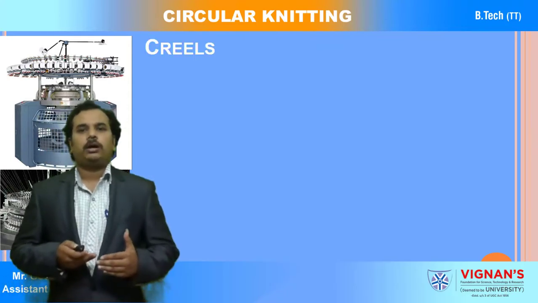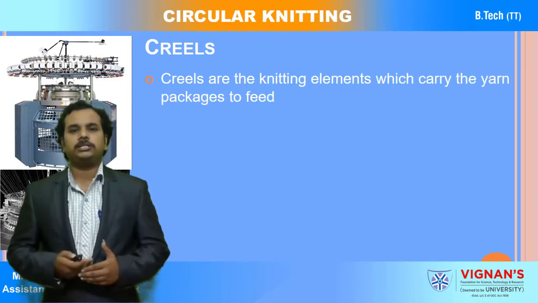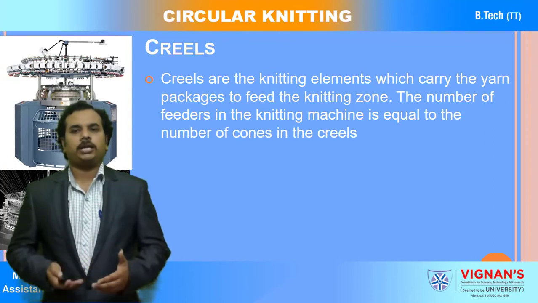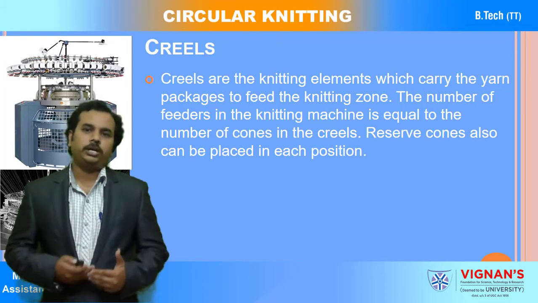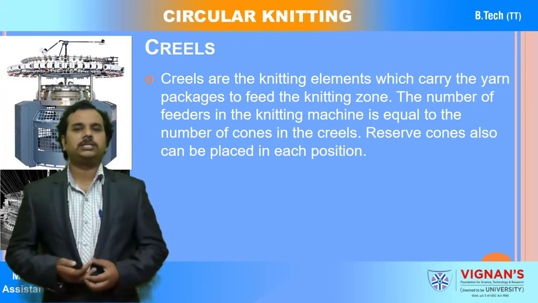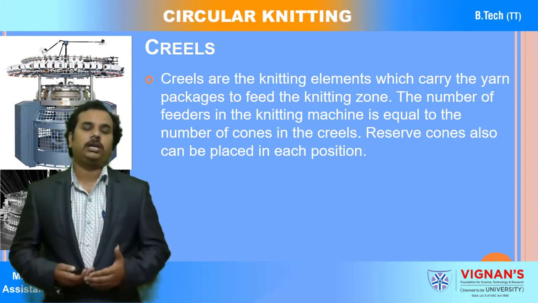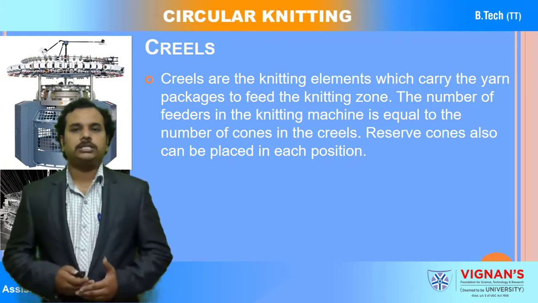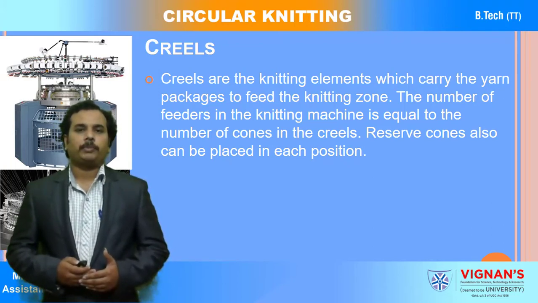Now again, to remember, we have creels. Creels carry the yarn packages to feed into the knitting zone. The number of feeders in the knitting machine is equal to the number of cones on the creel. The number of packages is directly proportional to the number of feeders.